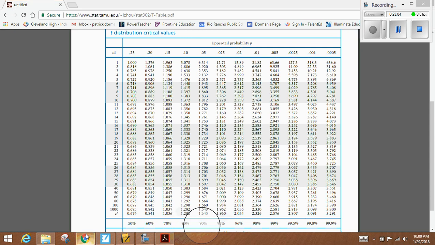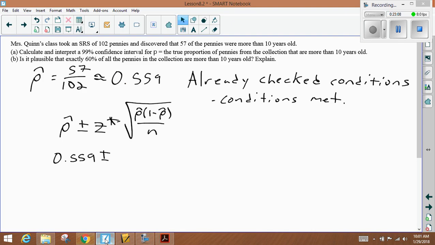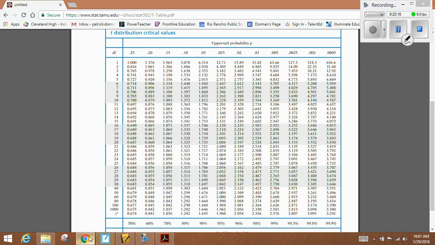So, let's look at it. What was our confidence level? 99%. So at 99%, I go over here, and this is my critical value, 2.576.